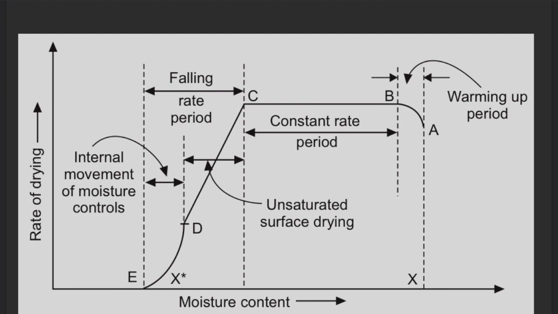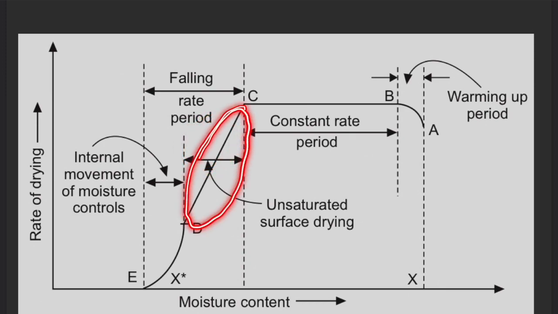Beyond this point C, when we perform drying, we remove the unsaturated wet moisture part. Here we remove the moisture which is not on the surface as in the constant rate drying period, but still on the periphery or outer area of the solid.